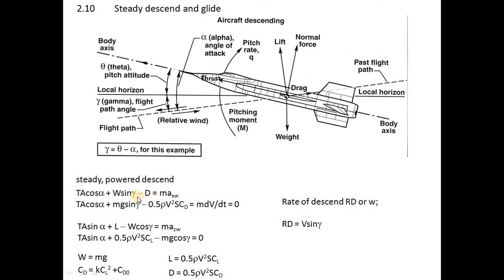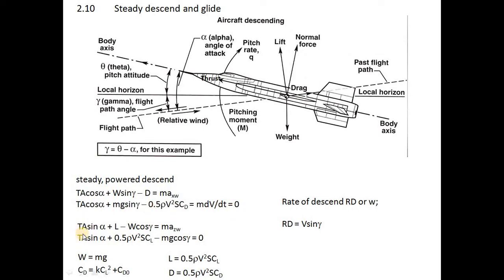Now, when it says steady, it means that the acceleration is zero. The aircraft is going downwards and has already reached its terminal velocity, so there is no acceleration. So m dV over dt is equal to 0. dV over dt is basically acceleration, and in this case it is equal to 0. The mass is not going to be 0; the mass is always there. So zero acceleration.